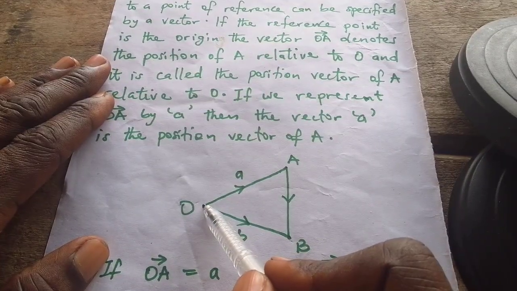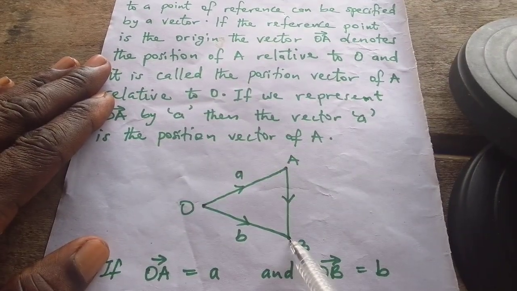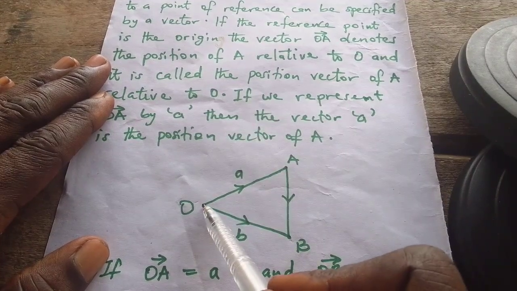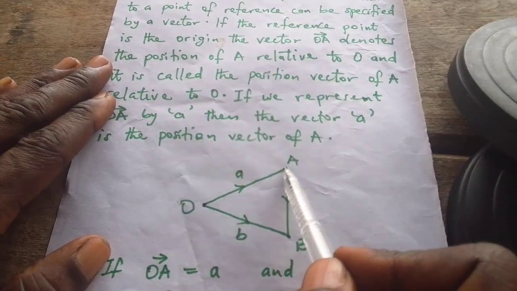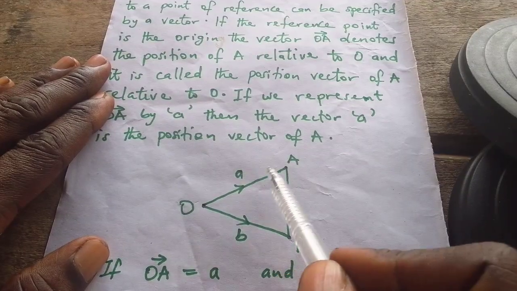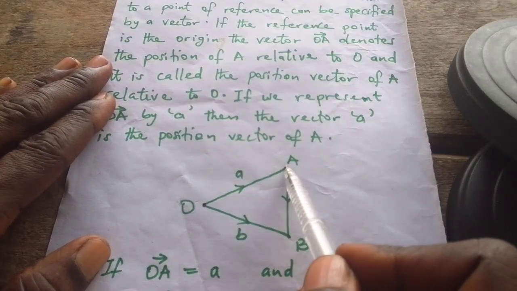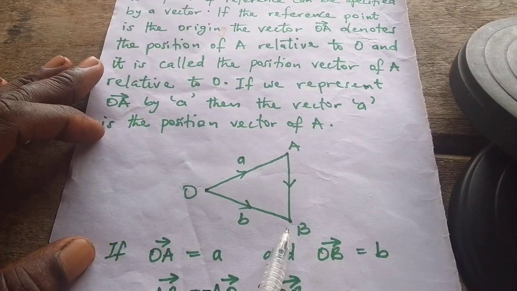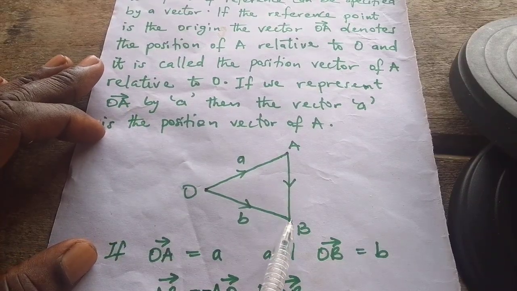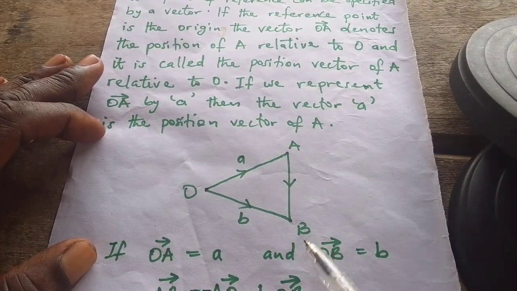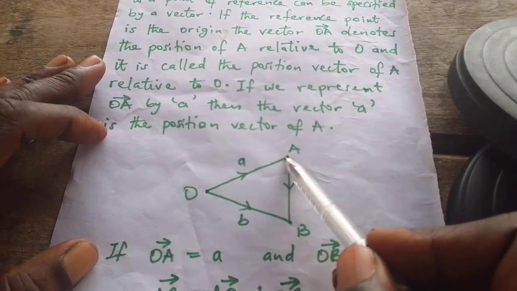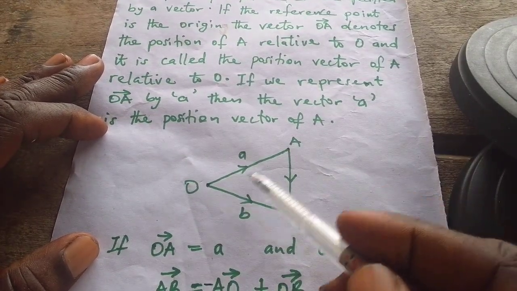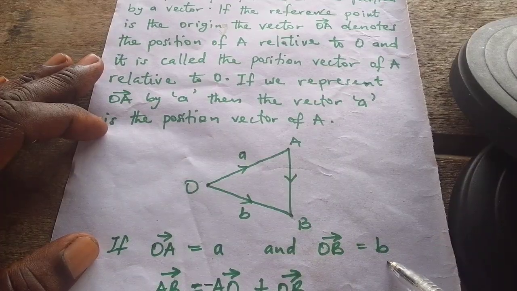Now if you describe A and B with reference to O, vector OA is the position vector of point A. Vector OB is the position vector of point B. So we can represent OA as small a and vector OB as small b.